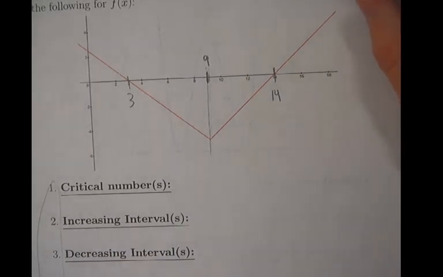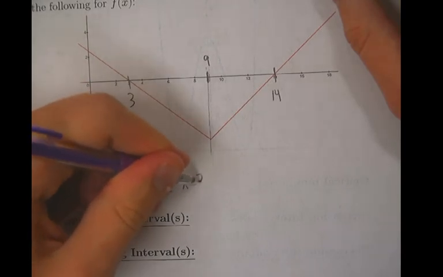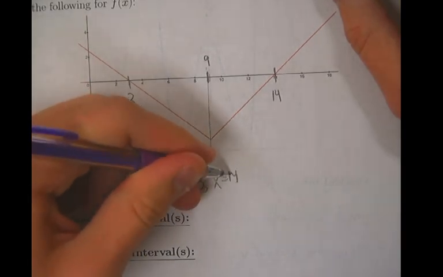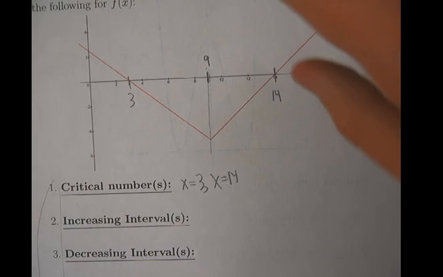First off, let's take a look at the critical numbers. Raise your hand if you have the critical numbers. 3 and 14. Yep, x equals 3 and x equals 14. Okay, good. That one's not too crazy.